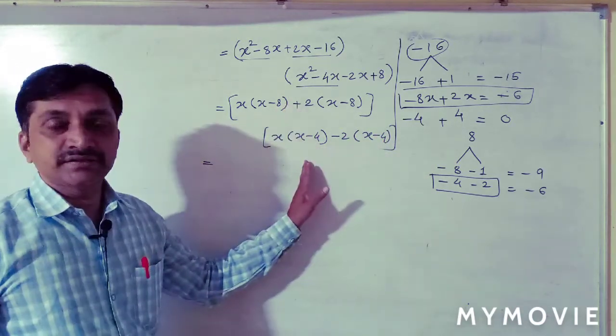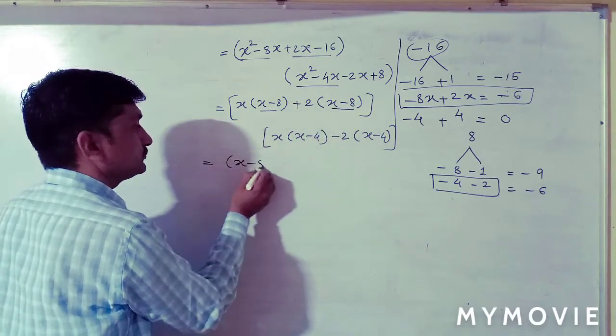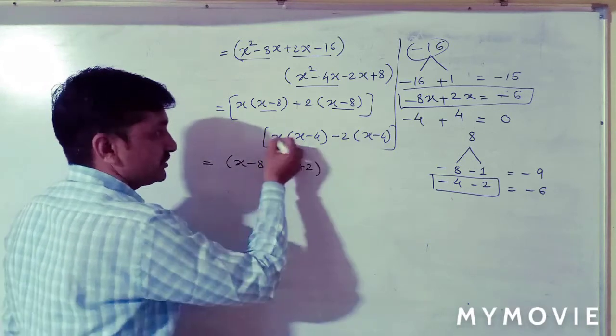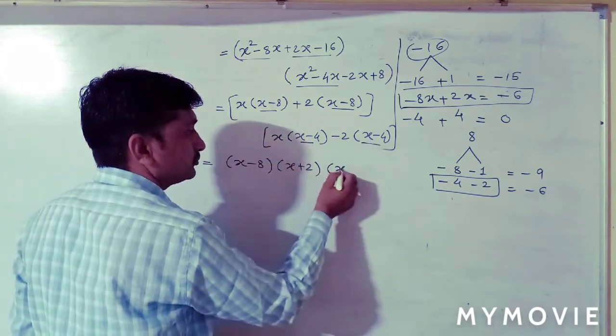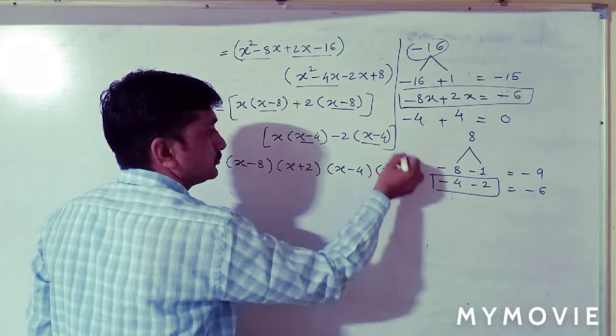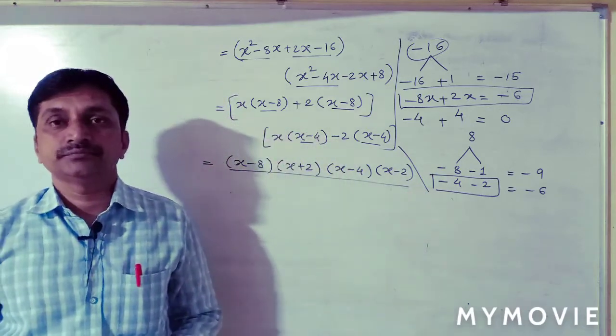Now in both the brackets, common bracket x minus 8, uncommon x plus 2. Now from here, common bracket x minus 4 and uncommon x minus 2. These are the factors of the polynomial.